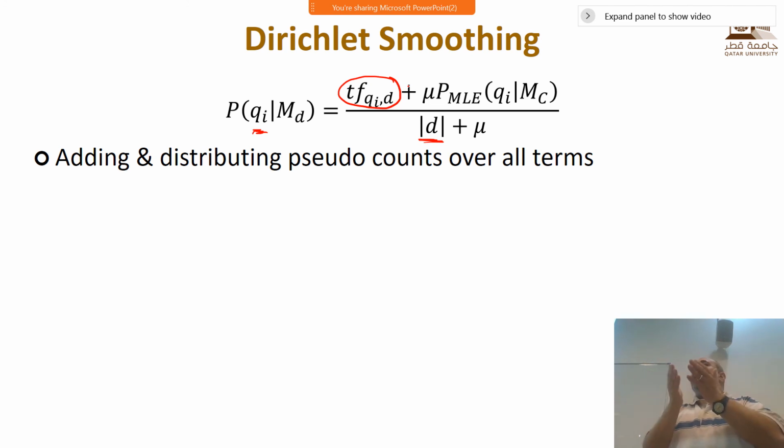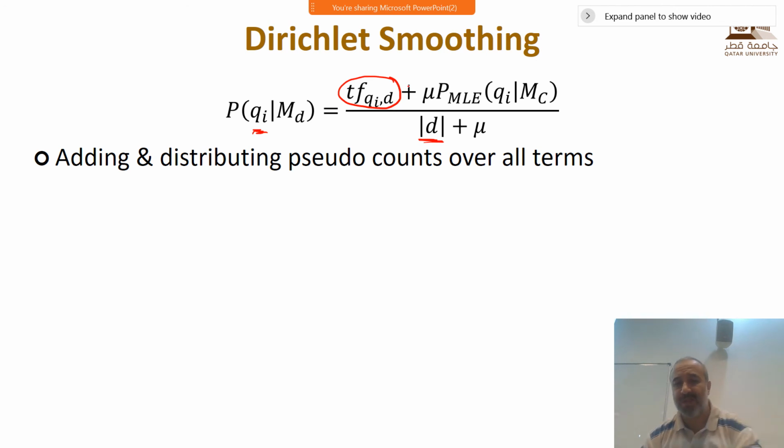Okay? Now, how can we distribute them? We distribute them based on their background probabilities. If a term appears a lot in the collection as a whole, then it will get higher portion of this 1,000 pseudo counts. Okay? Is the idea clear now? Each one will get what portion is based on the background.